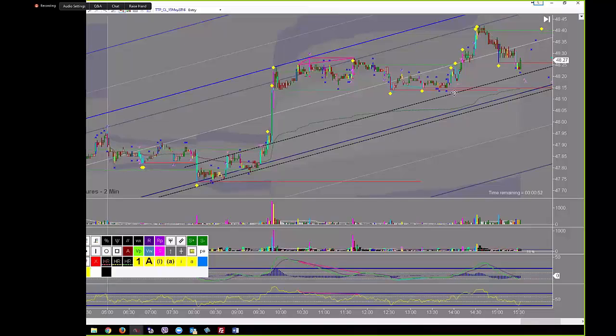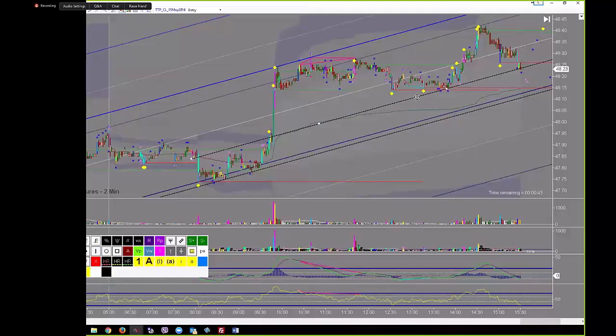Now, if you really wanted to, you might have said, I'm going to move my trend channel line maybe slightly higher because that's where my previous support was. But that's the beauty of market geometry. If you get the angle right, it works for a long time.